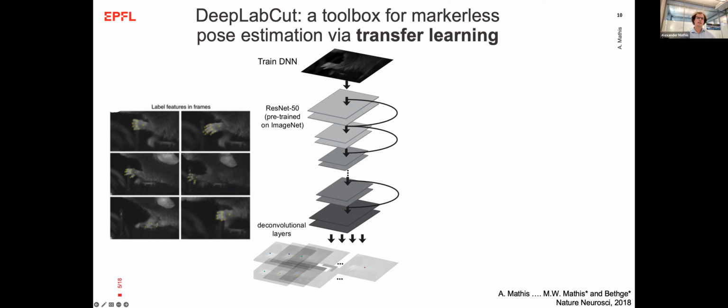And then we treat this pose estimation problem as an image-to-image translation problem. So obviously you clicked on the body parts, so you know where they are, or your database knows where they are. And so if you want to, for example, now predict the body parts in this image, what you do is you present that image to your deep neural network. You predict the activities all the way forward, and then you make one output image per body part, where you have so-called deconvolutional layers.